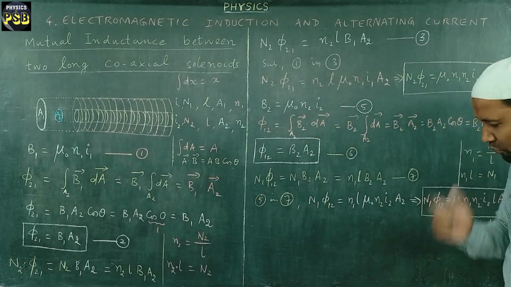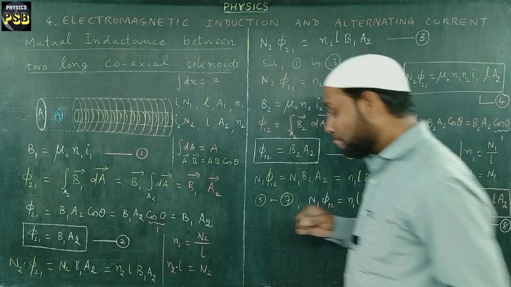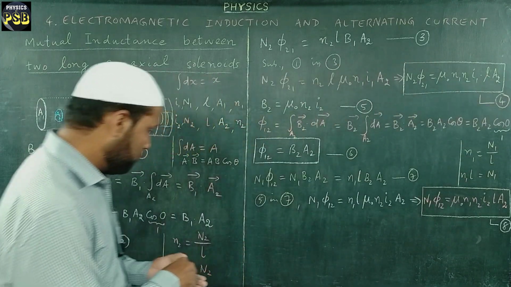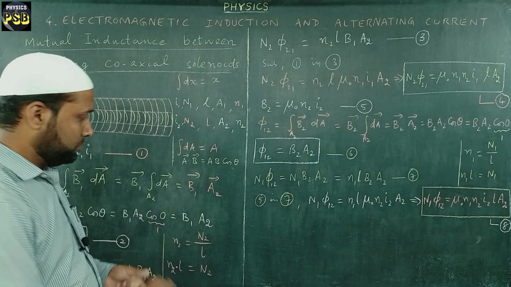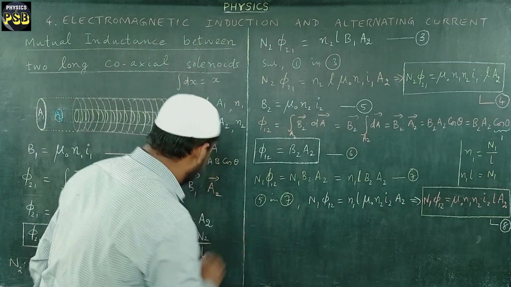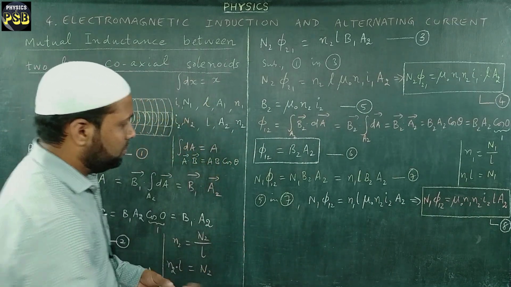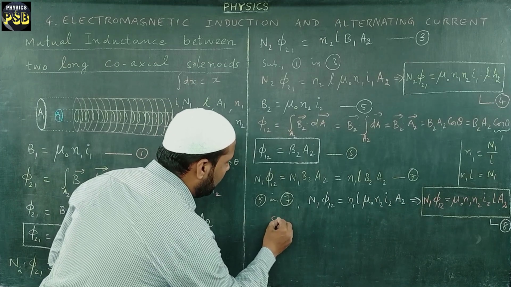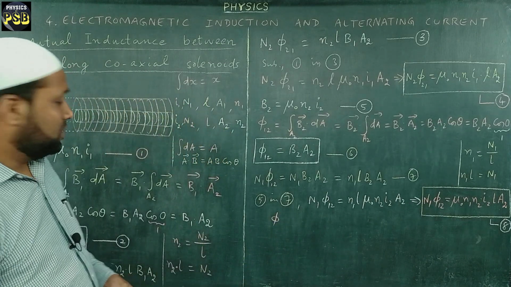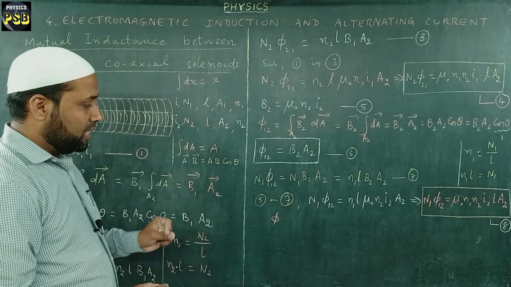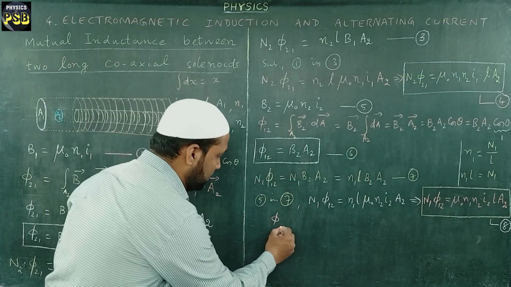So we know that the magnetic flux linked with a coil is proportional to the current.